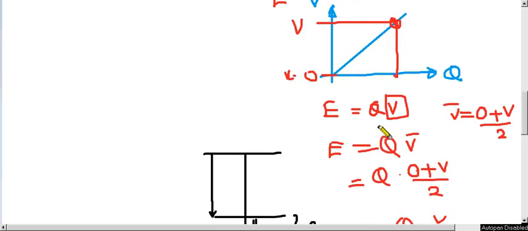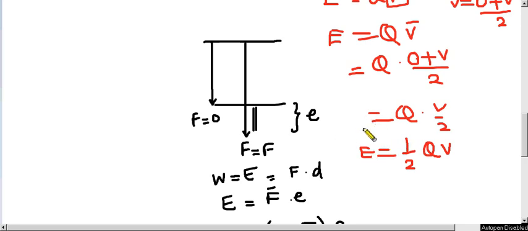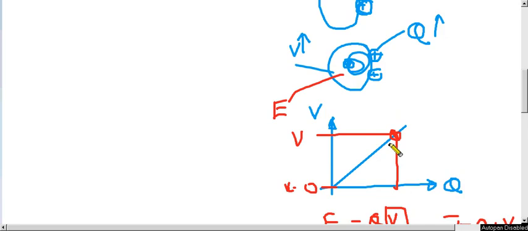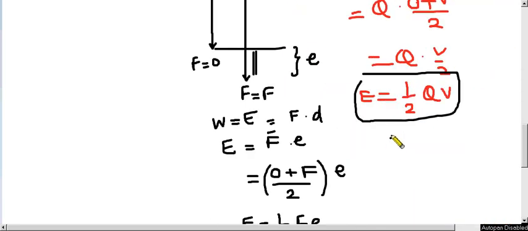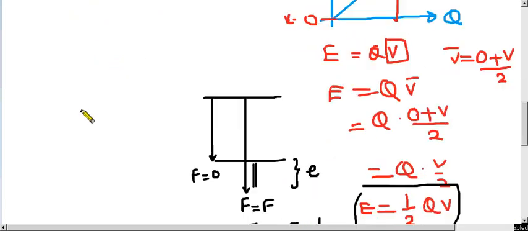So you won't have much difficulty keeping this equation in your mind, because you can derive it at the time you need it if you forget. In the same way you get half QV. You can use that equation to solve this question.